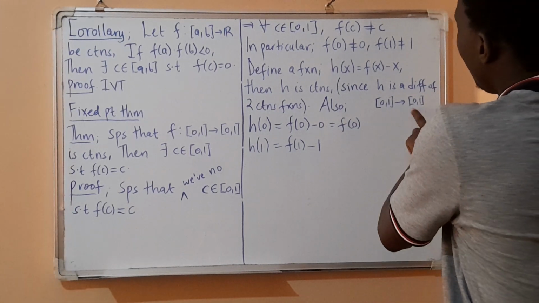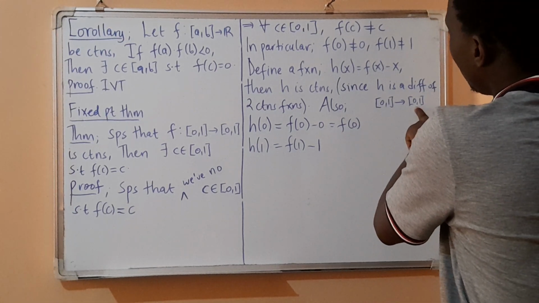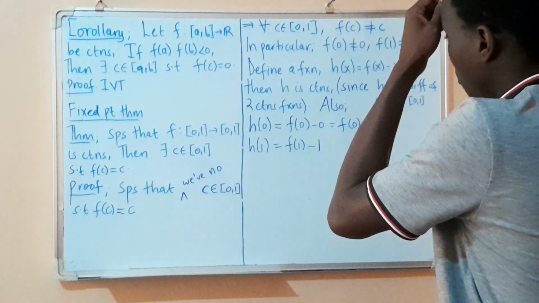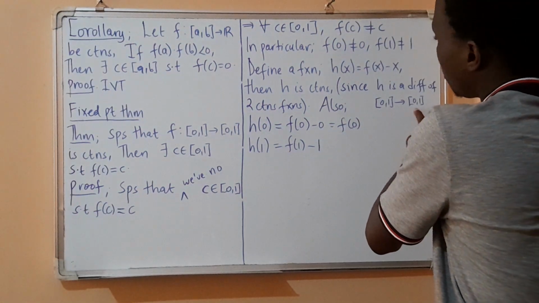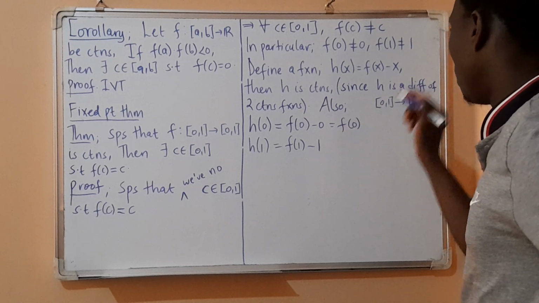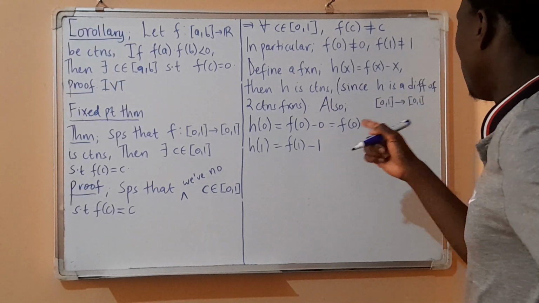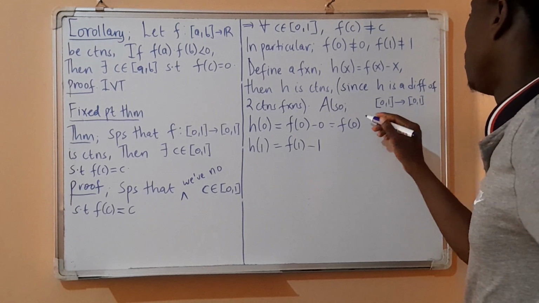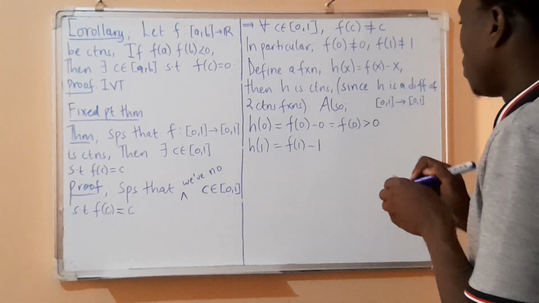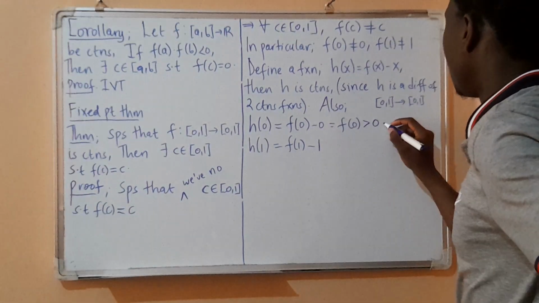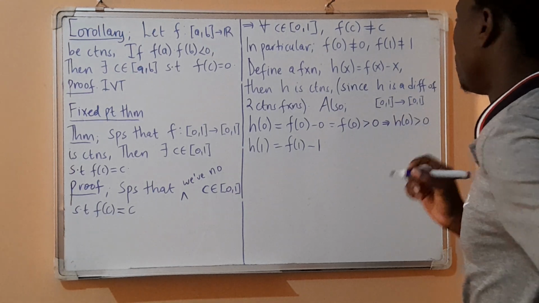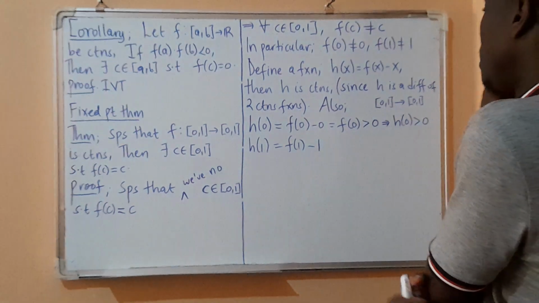It's like the image of this interval consists of things which are positive. Now, also f of 0, the image of 0, since it is not 0, will also be in this interval. So since it is in here, it is positive. So that implies that h of 0 is greater than 0. It's positive.